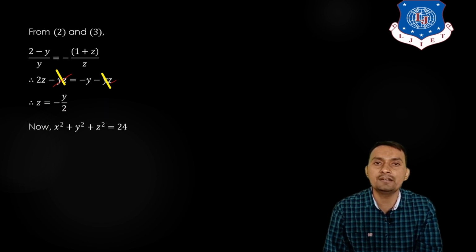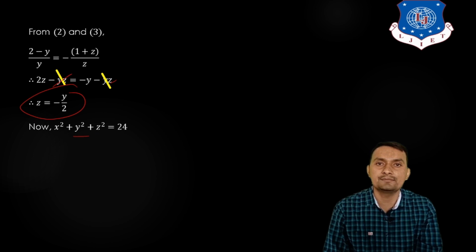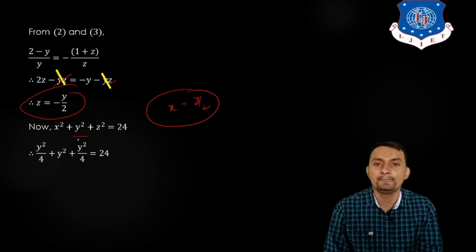But we are trying to find the point on the sphere. That means whatever we assume should satisfy the sphere. So therefore x squared is y squared divided by 4, because x is equal to y by 2. Y squared is there, z is equal to minus y by 2, but we have to take its square. So we get y squared by 4 plus y squared by 4, and that is equal to 24.